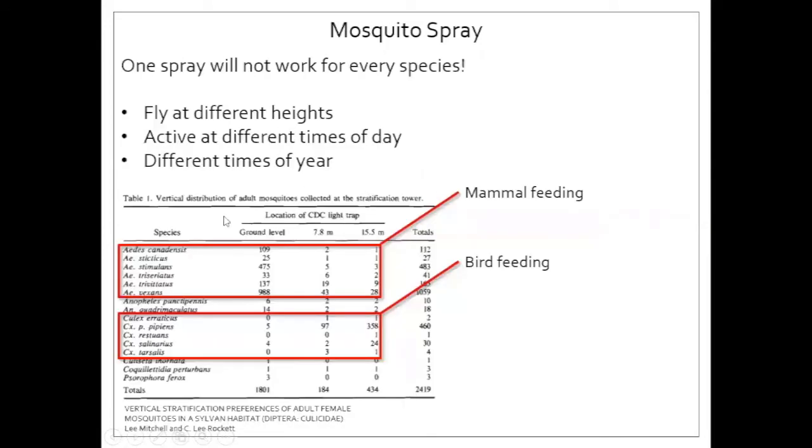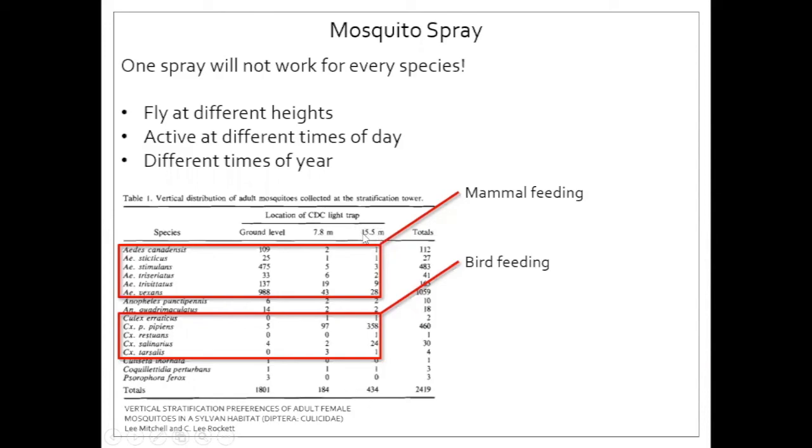So just looking at one example of this particular study, what they found, if you look at this Aedes vexans, you had 988 of the 1,000 odd mosquitoes found at ground level. On the other hand, if you follow the red box down, you look at Culex pipiens, you had 358 found about 15.5 meters in the air.